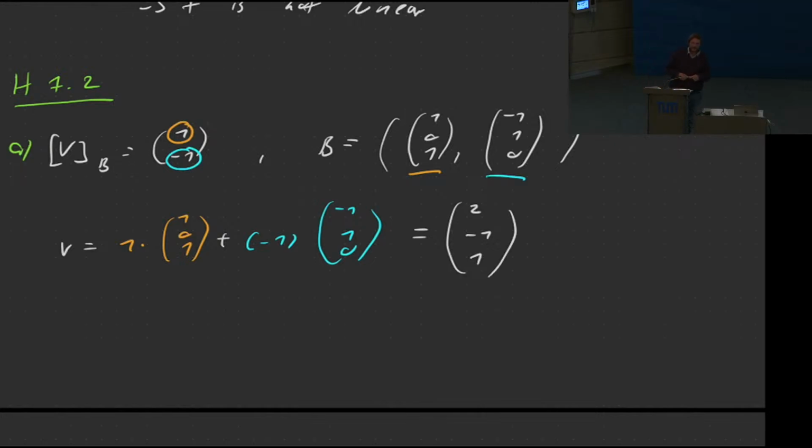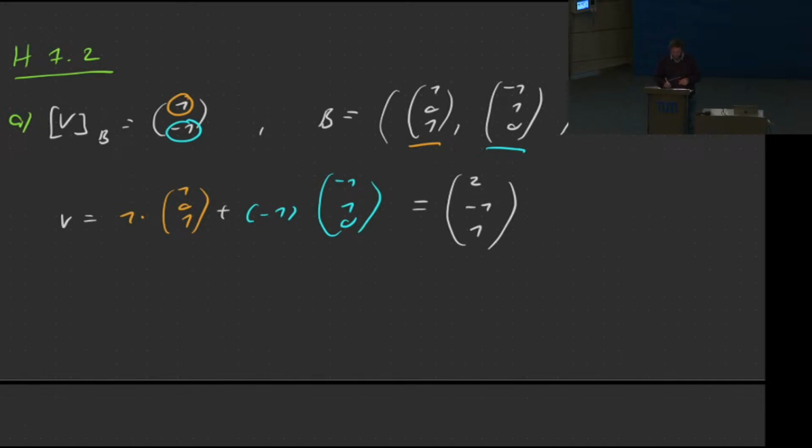Okay, so that is a description of v in the canonical coordinates for R3. So this way, if you have a coordinate vector, you want to obtain the actual point in a maybe richer vector space. That's the way to do that.